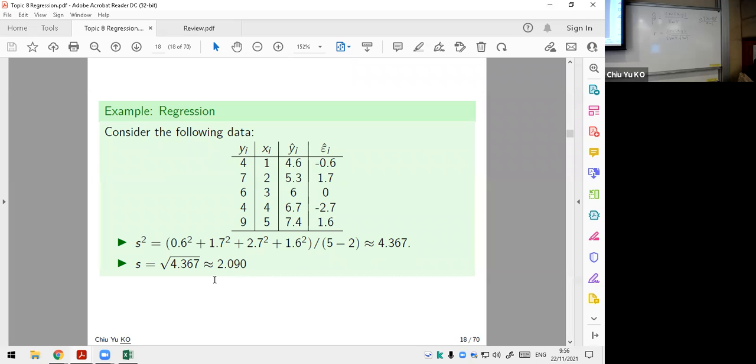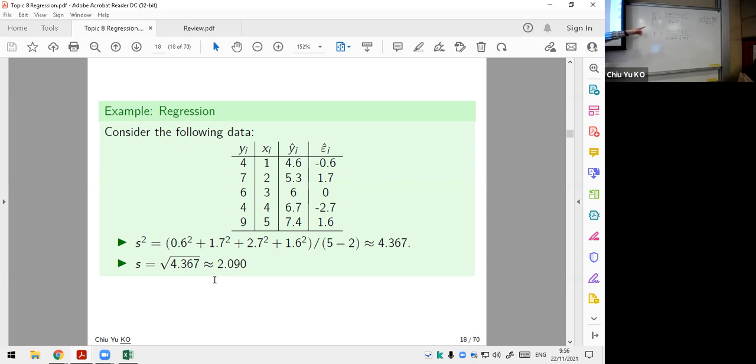And then subtract the first column from the third column, you get this one. This minus this one. So you got all the epsilon i. And then you got the equation. The formula is to square each element, add them together, and divide by 5 minus 2.